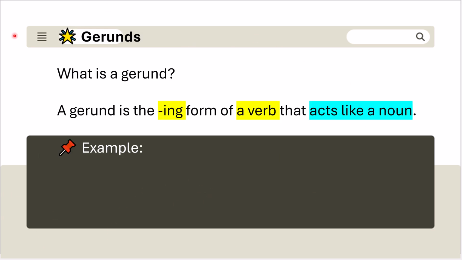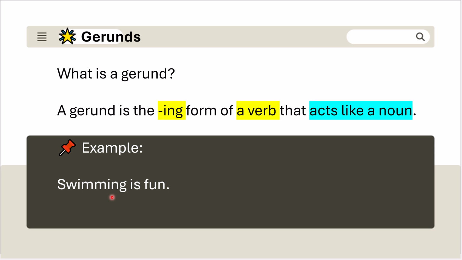So what actually is a gerund? A gerund is the ing form of a verb that acts like a noun. So it is the ing form of a verb. It acts like a noun. Example, swimming. Swimming is a verb.